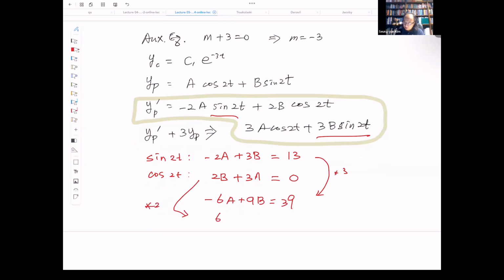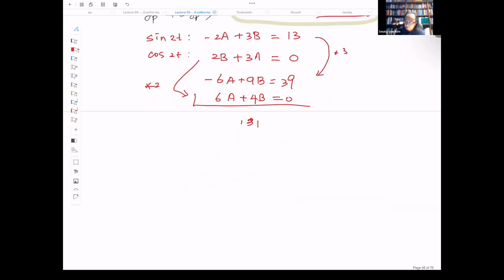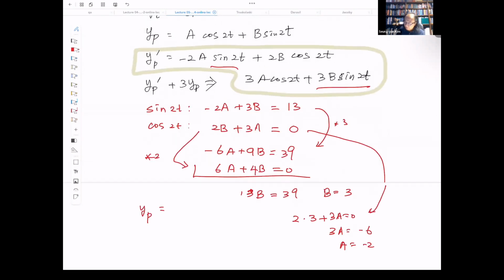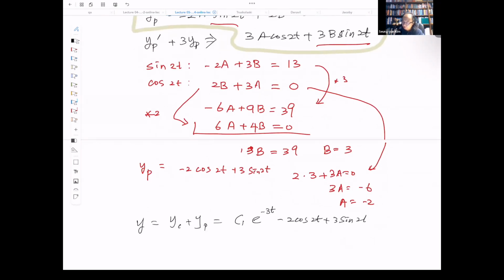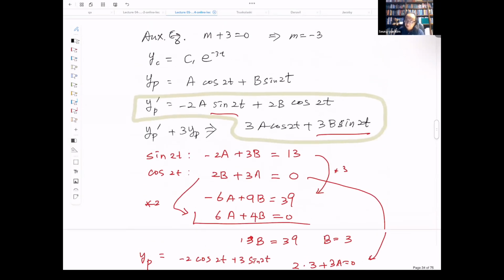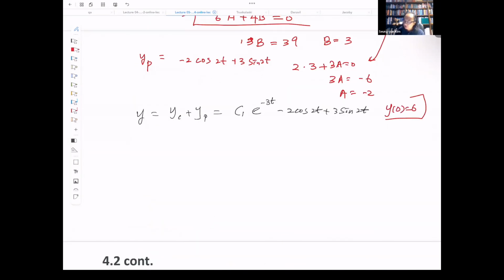Solving these, we get a equals negative 2 and b equals 3, so y equals c1 e to the negative 3t minus 2 cosine 2t plus 3 sine 2t. The initial condition is y of 0 equals 6.